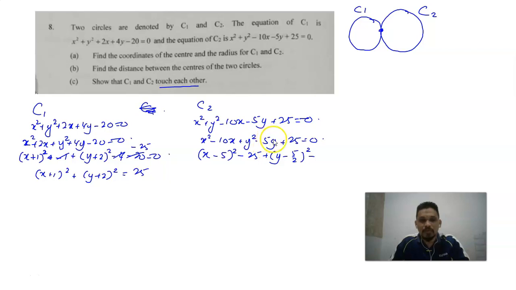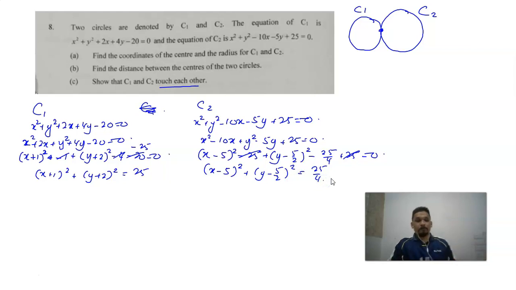Negative 5 over 2 squared is 25 over 4, plus 25 equals 0. Then, which is (x minus 5) squared plus (y minus 5 over 2) squared. 25 minus 25 equals 0. So the term on the left here, bring it to the other side to become 25 over 4.